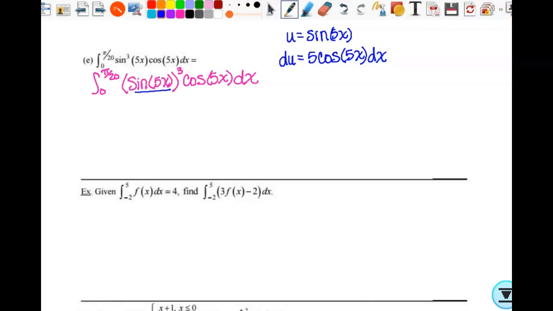Okay. And then let's go ahead and take care of our limits. So when x equals 0, u equals, well, 5 times 0 is 0. What's the sine of 0? 0. When x equals pi 20ths, u equals, all right, well, pi fourths.